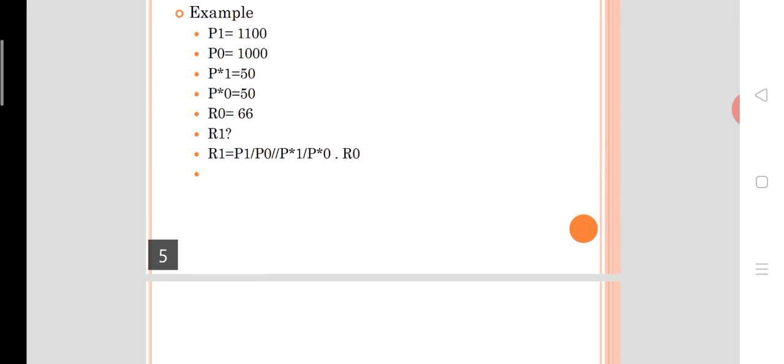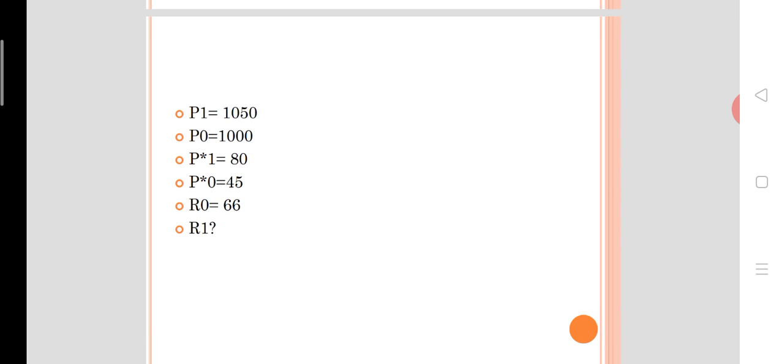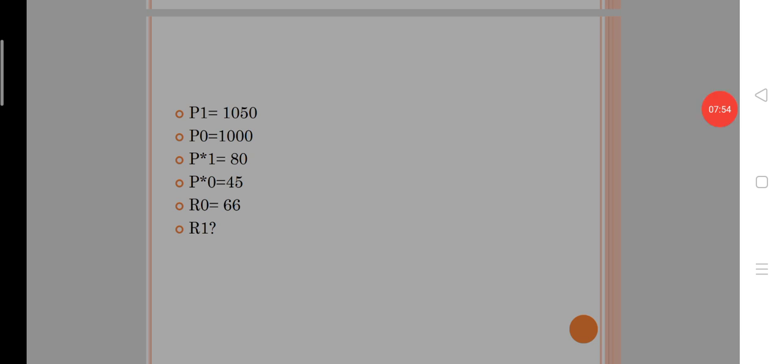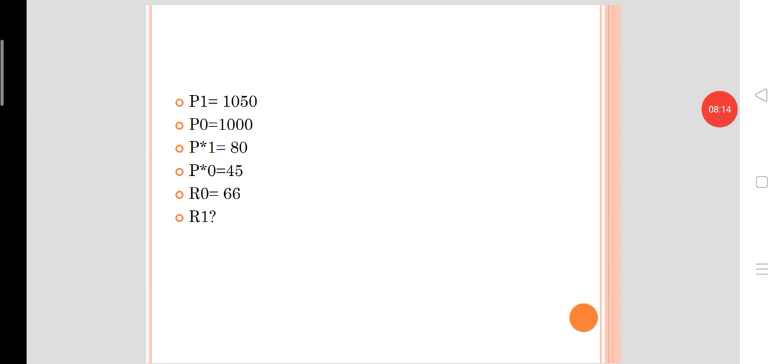1.05 divided by P star 1 by P star 0. P star 1 is 80, P star 0 is 45. 80 by 45 is 1.77. So P1 by P0 divided by P star 1 by P star 0 is 1.05 divided by 1.77, which is equal to 0.59.